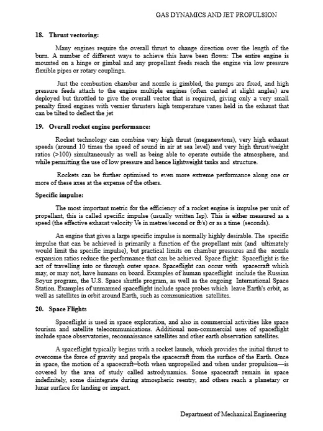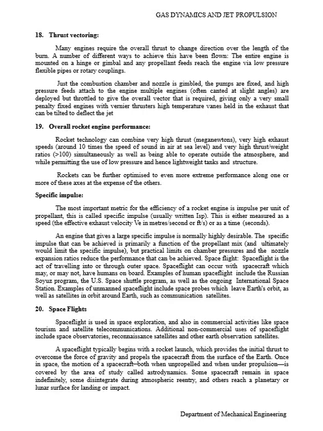Specific impulse. The most important metric for the efficiency of a rocket engine is impulse per unit of propellant. This is called the specific impulse, usually written Isp. This is either measured as a speed, the effective exhaust velocity Ve in meters per second or feet per second, or as time in seconds.